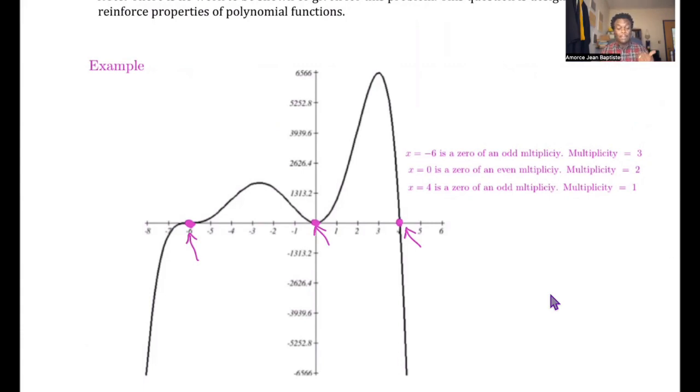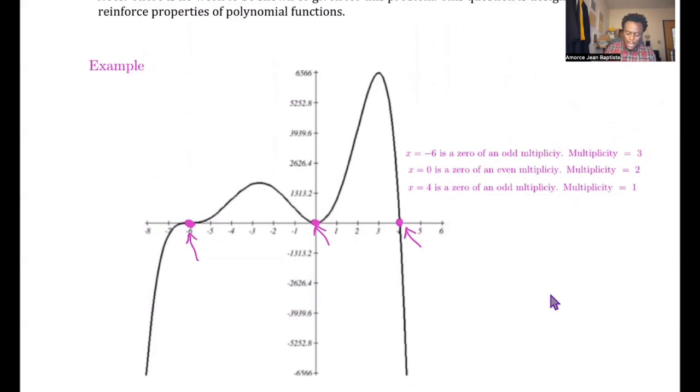I point them out on this curve. They happen at x equals -6, x equals 0, and x equals 4.